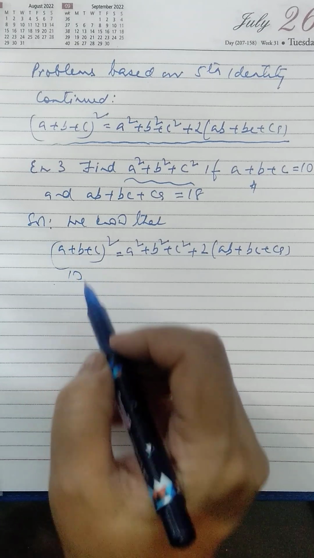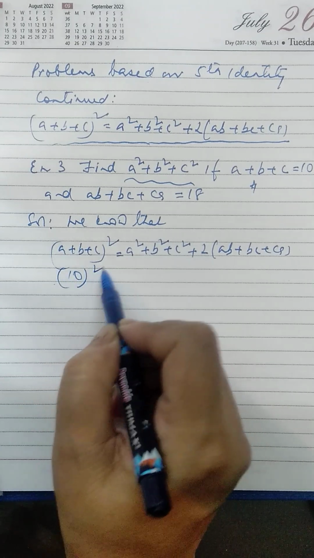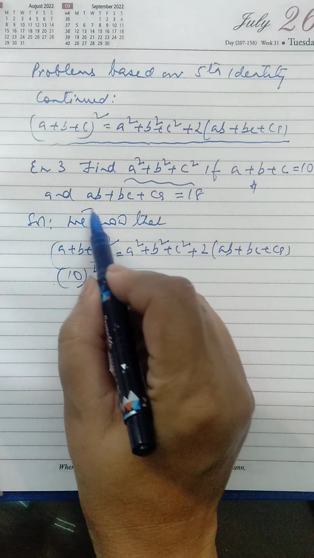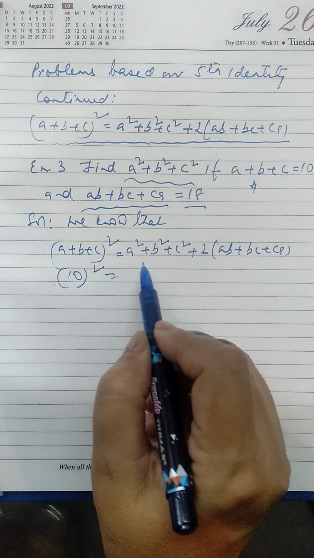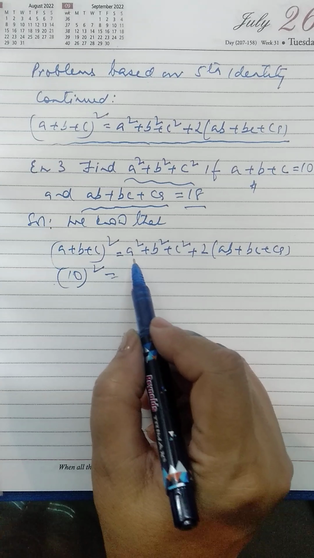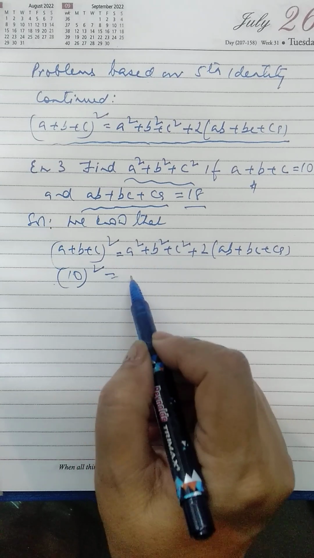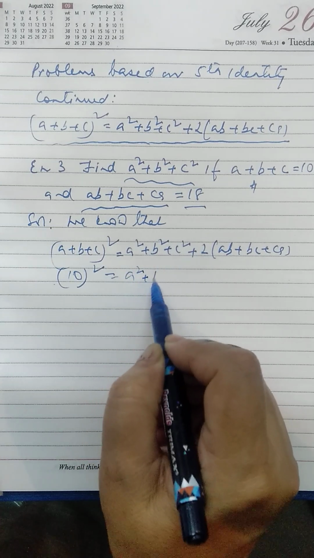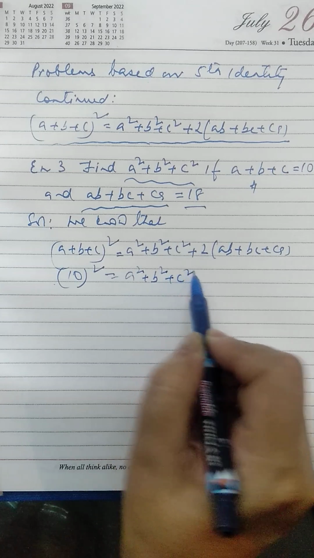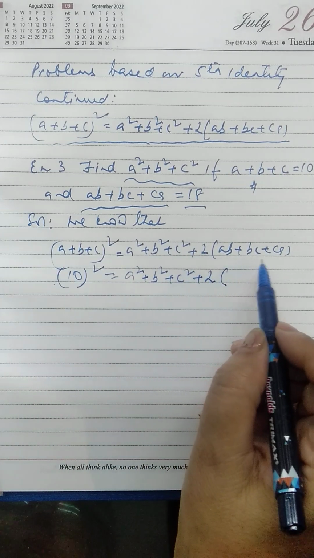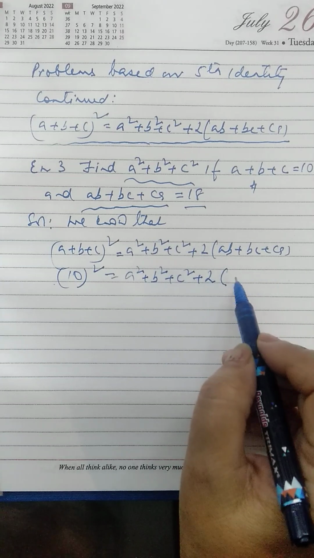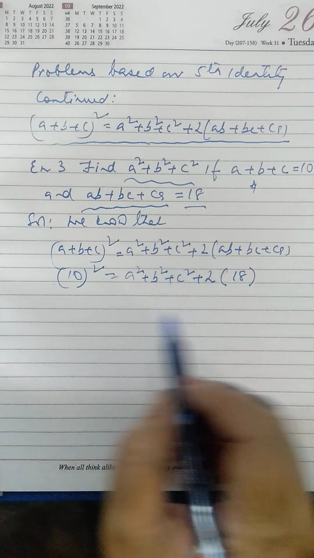So let us write it into the bracket and then square it up. We also have the value of this, which is equal to 18. Since we are supposed to find out the value of a² + b² + c², we drop this down as usual and we write the value of ab + bc + ca, which is equal to 18.